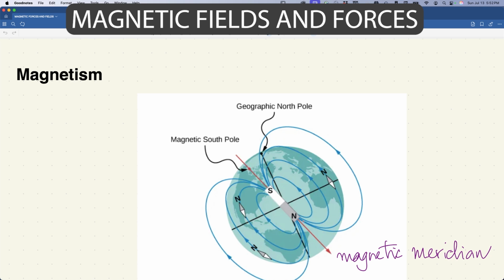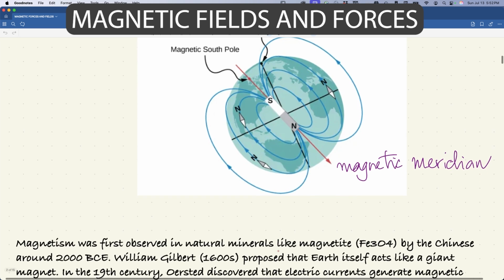There is an angle between the magnetic and the geographic meridian, which is called declination. Another thing to understand is that if a magnet is freely suspended, the North Pole of the magnet is pointing towards the South Pole of the Earth. You see that? Because opposite poles attract.